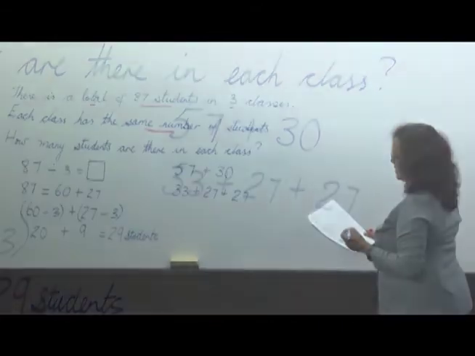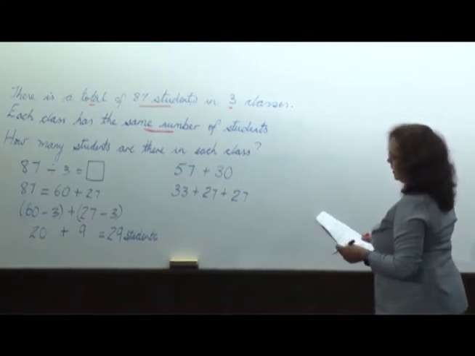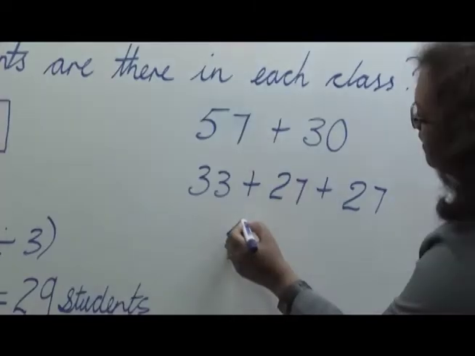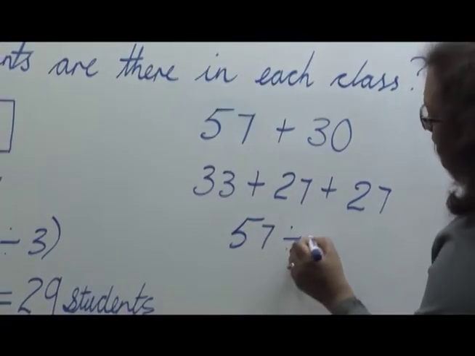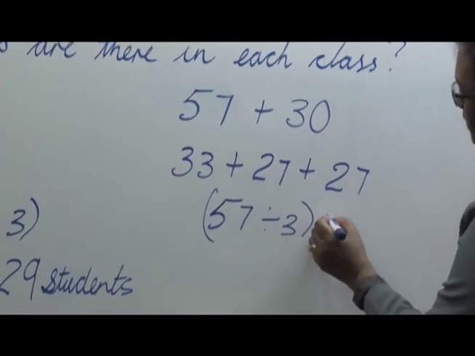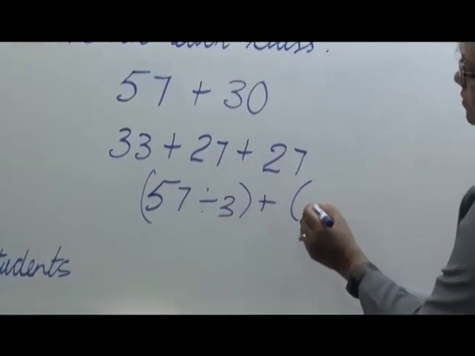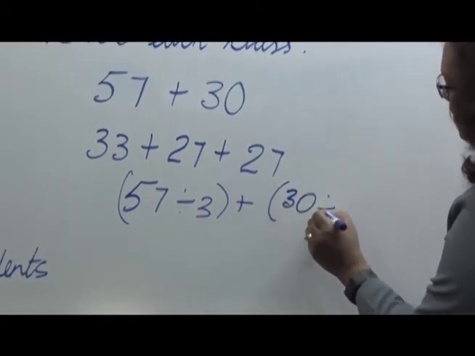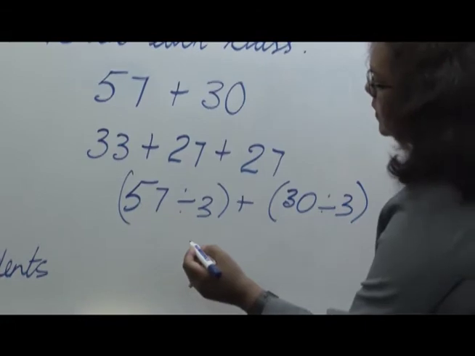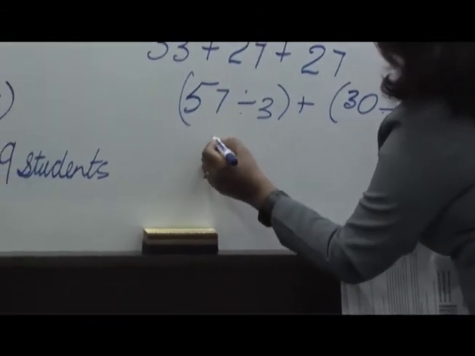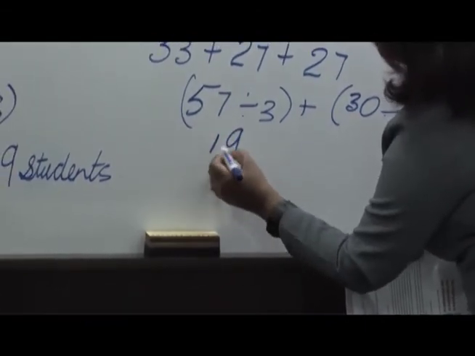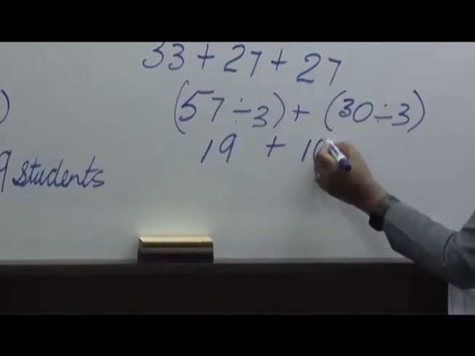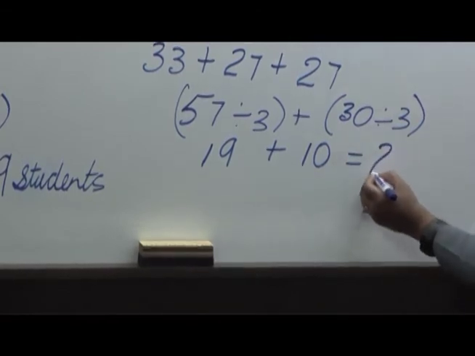So if I'm dividing these by 3, let's see what we will get. So 57 divided by 3, add 30 divided by 3. This will give me 19, add 10, which will still give me 29.